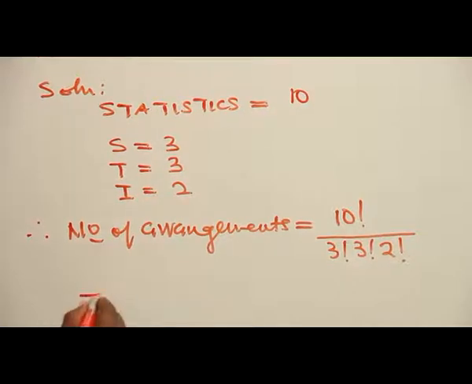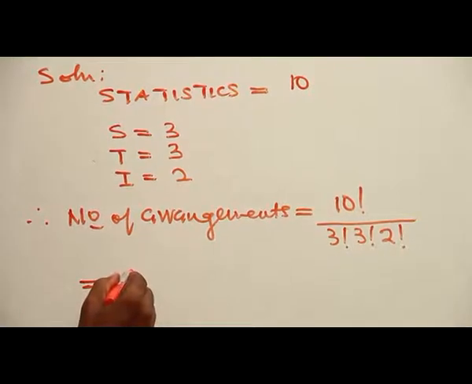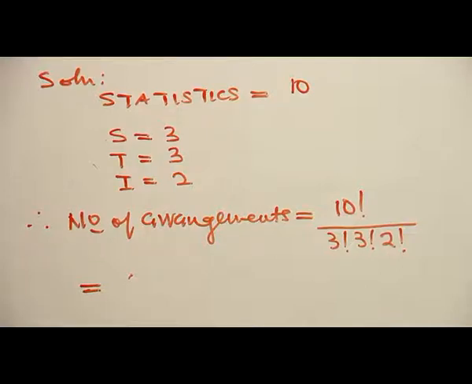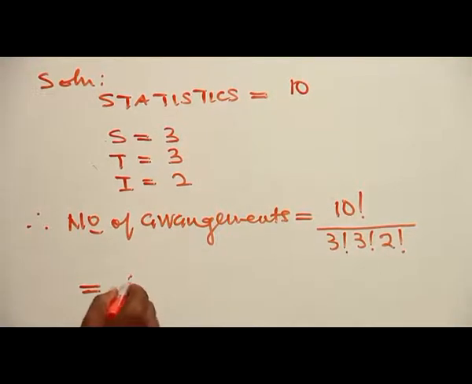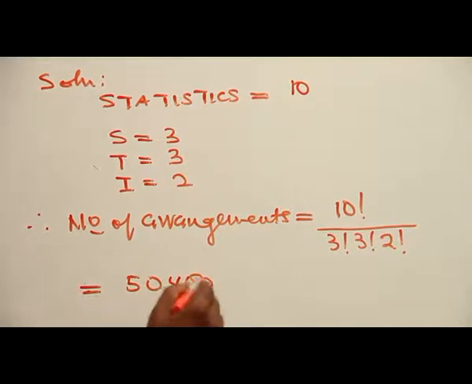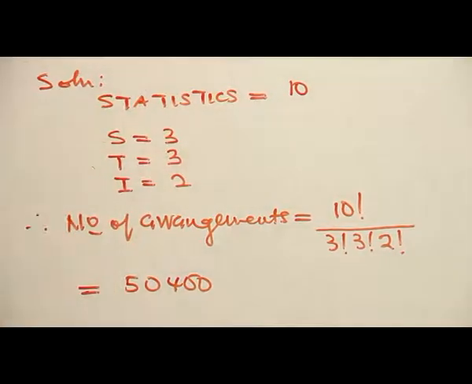And then we simplify this as best as we can, and your result will be equal to, if you are able to do this, you will have 5040 ways of arranging these word statistics.